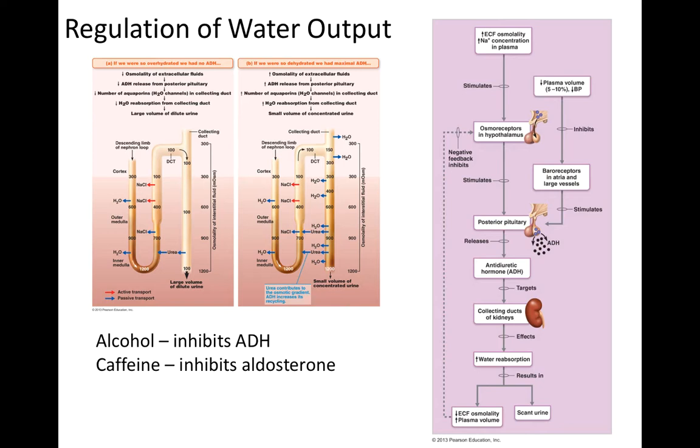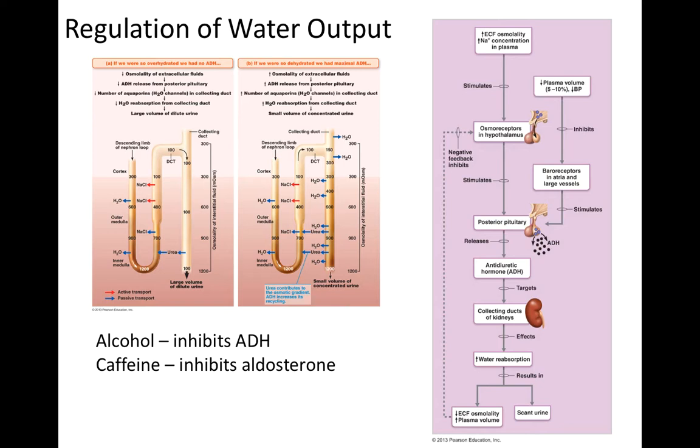Alcohol inhibits ADH. So once you have begun to drink alcohol, all of this happens, but the ability to secrete ADH to fix it is decreased. So even though we are saying, hey, extracellular fluid's getting salty, plasma volume's dropping, we're definitely dehydrated, we can't utilize ADH, and we continue to urinate out huge volumes of fluid.